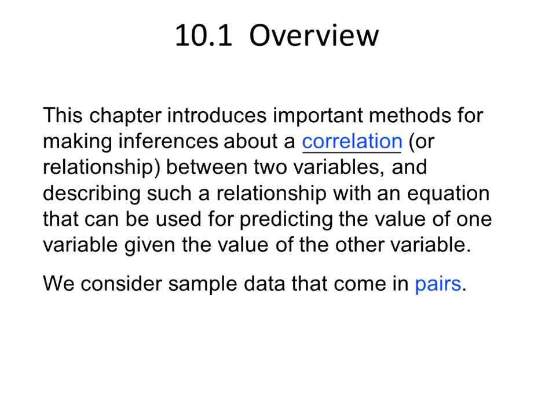So if I'm looking for a linear relationship, that's a linear correlation. We're going to use sample data to make inferences about the linear correlation between two variables. And when we use samples, we're making an inference about the population.